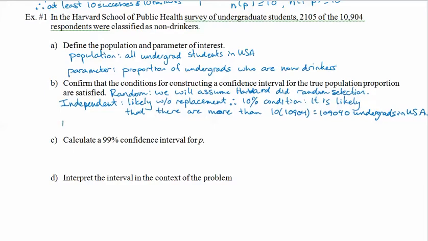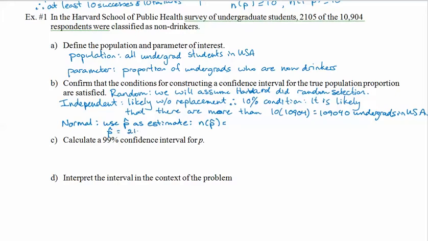Our final condition we need to check is the normal condition. So we're going to use the sample proportion as an estimate. So n times p hat equals, first we could calculate p hat.